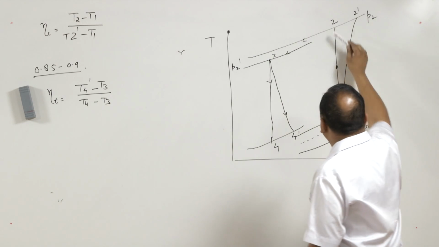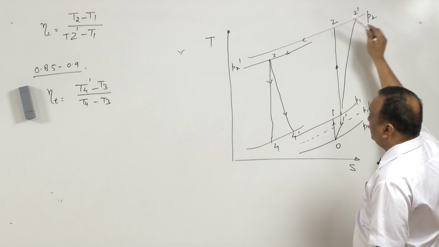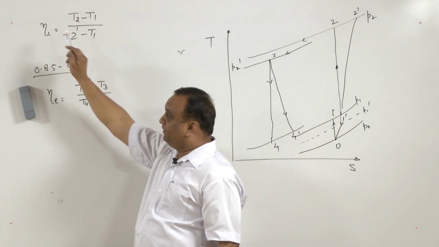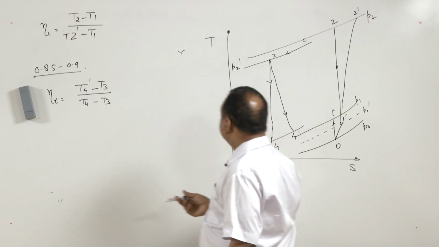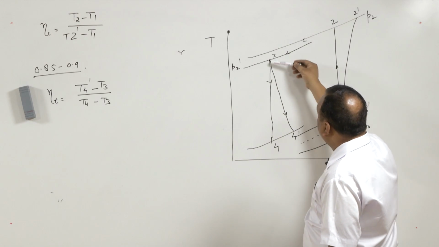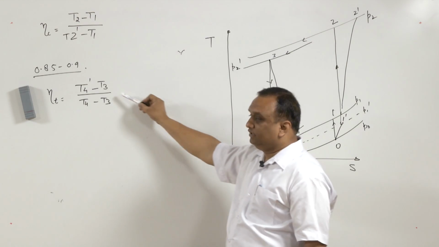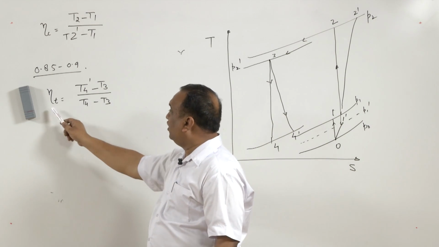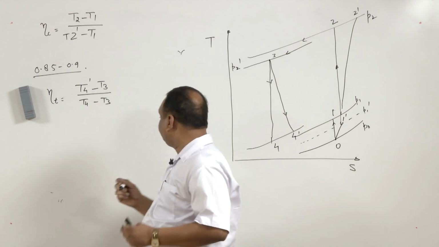The ratio of these two will give the polytropic efficiency of the compressor. In case of turbine, it is reverse: actual temperature drop divided by ideal temperature drop. So, this expression is for the polytropic efficiency of the turbine.